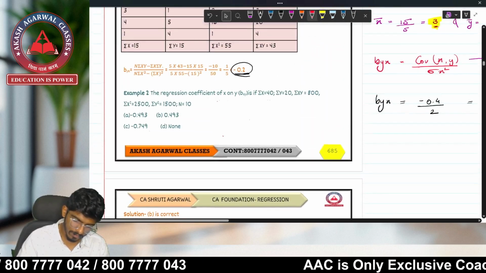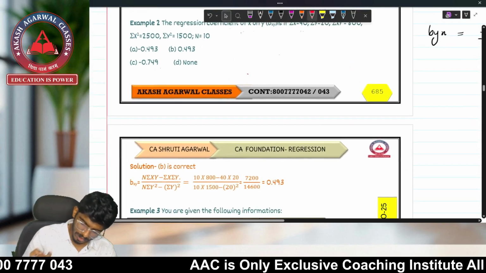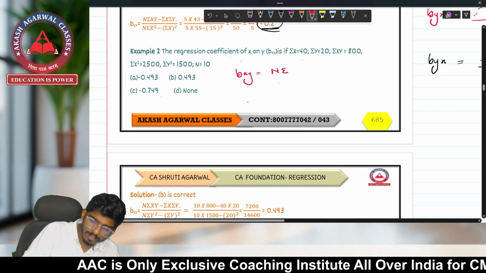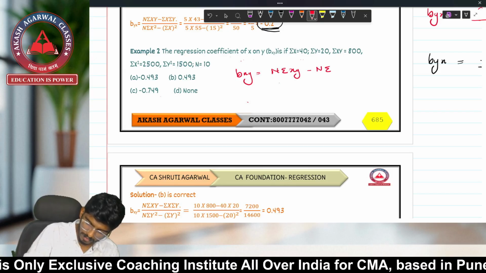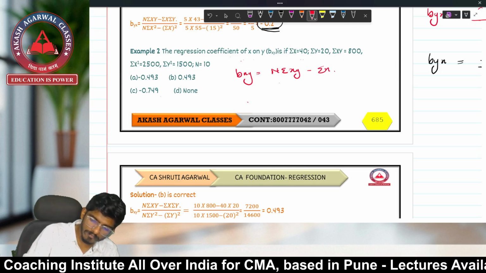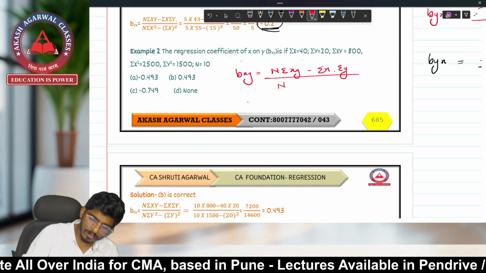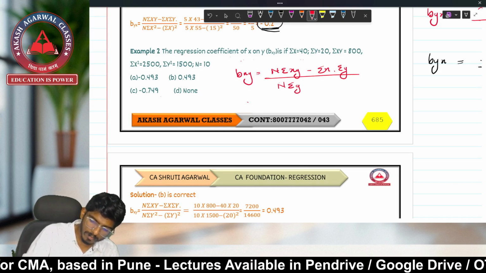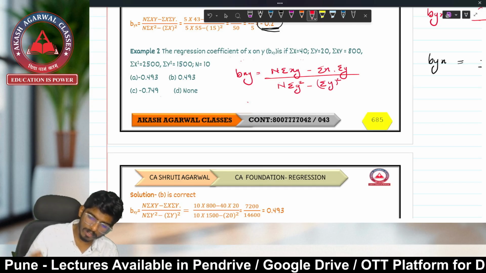So let's see in my example over here now. Which was the example? This was the second example, right? So the formula that we are going to use for bxy is now going to be n into summation of xy, because we have all the data, minus summation of x into summation of y, whole divided by n into summation of y square minus summation of y the whole square.